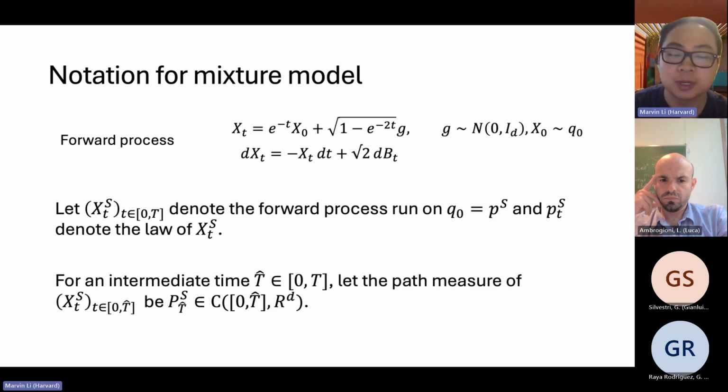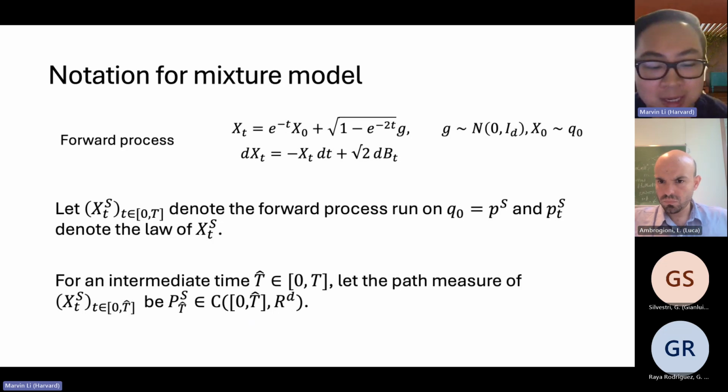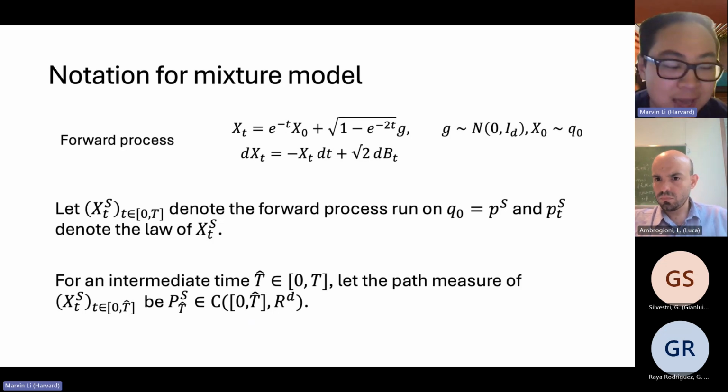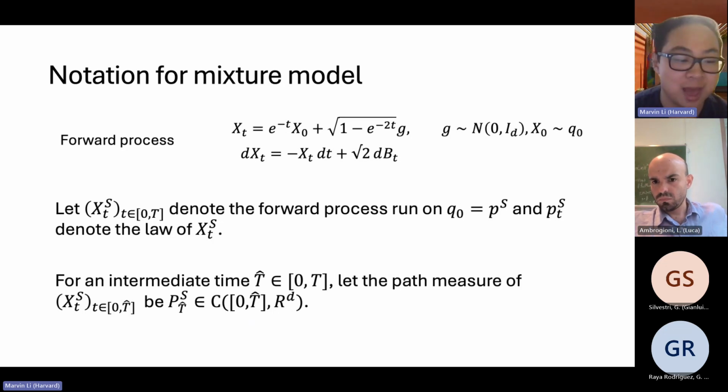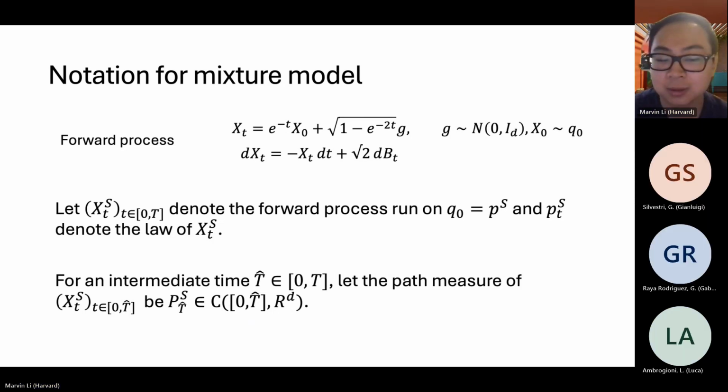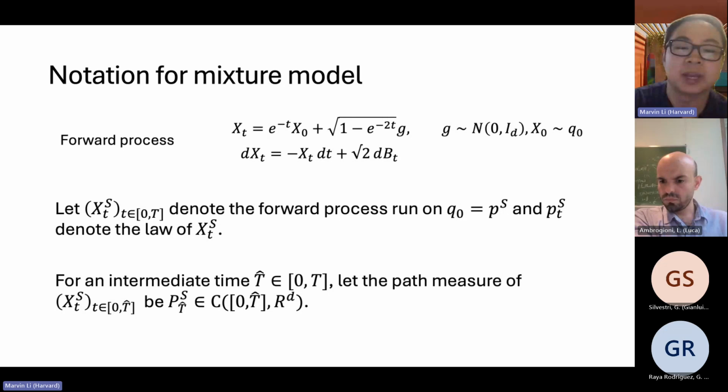It'll also be useful to do some arithmetic over the path measures, so probability distributions over paths. So if we noise to some intermediate time t hat, then we let the path measure of x superscript s be p superscript s, t hat. Again, the forward process is the Ornstein-Uhlenbeck forward process.